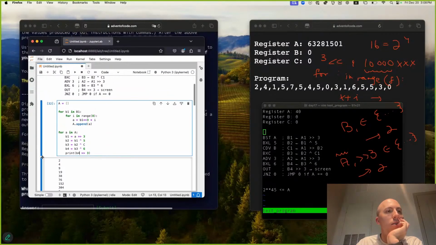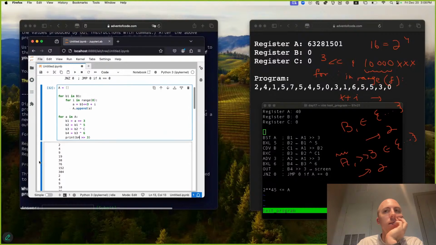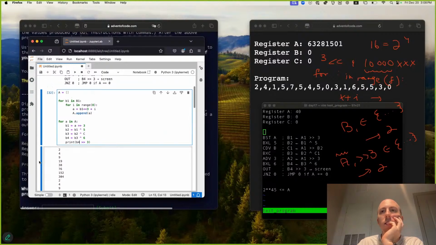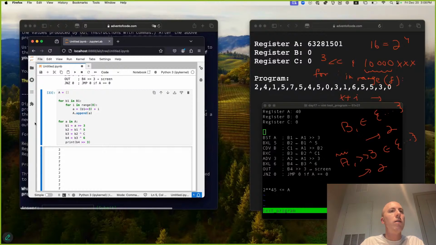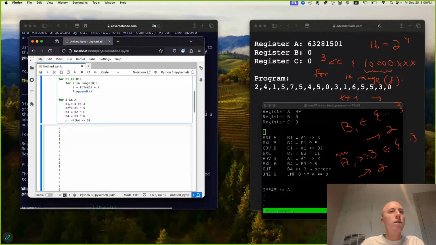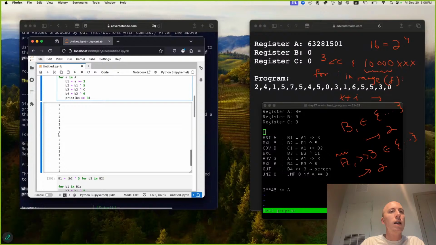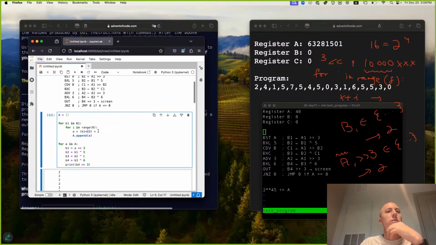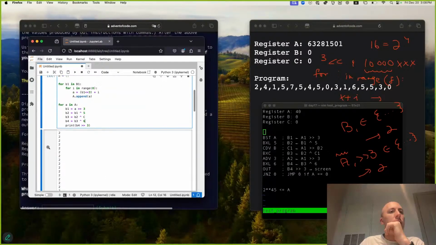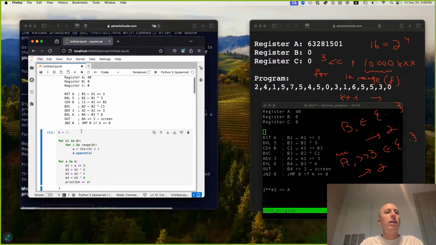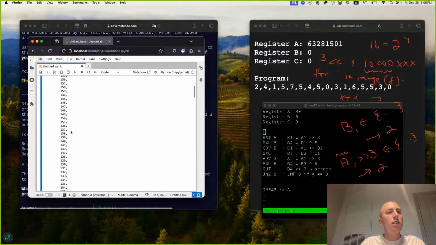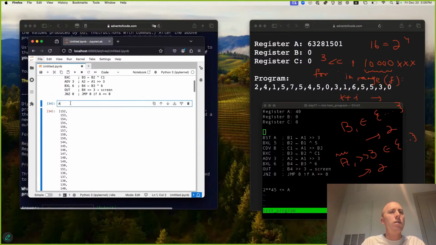So what happened? Oh my God, I guess this bit shifting thing has crazy low precedence. I assumed that it would have the highest precedence for some reason. Okay, interesting. All right, but yeah, so I guess these are all the values.